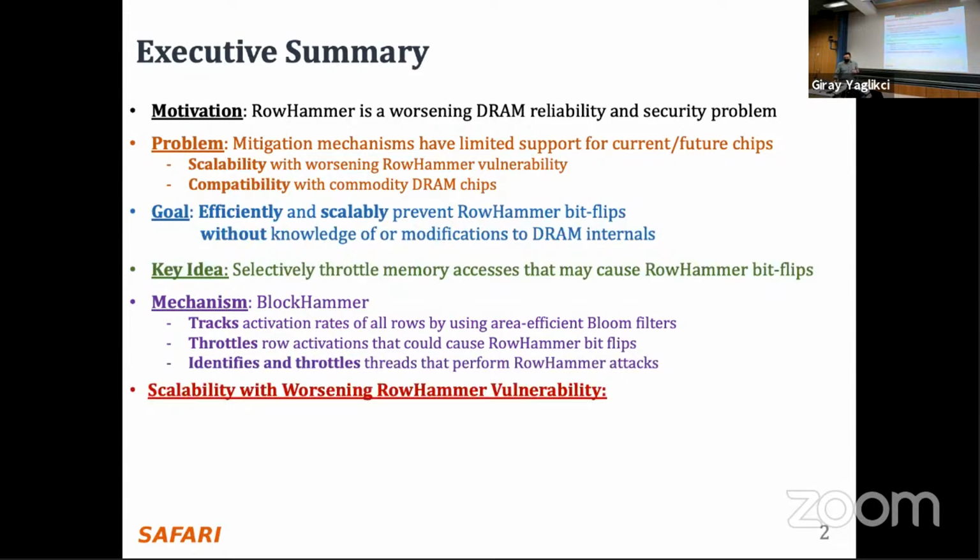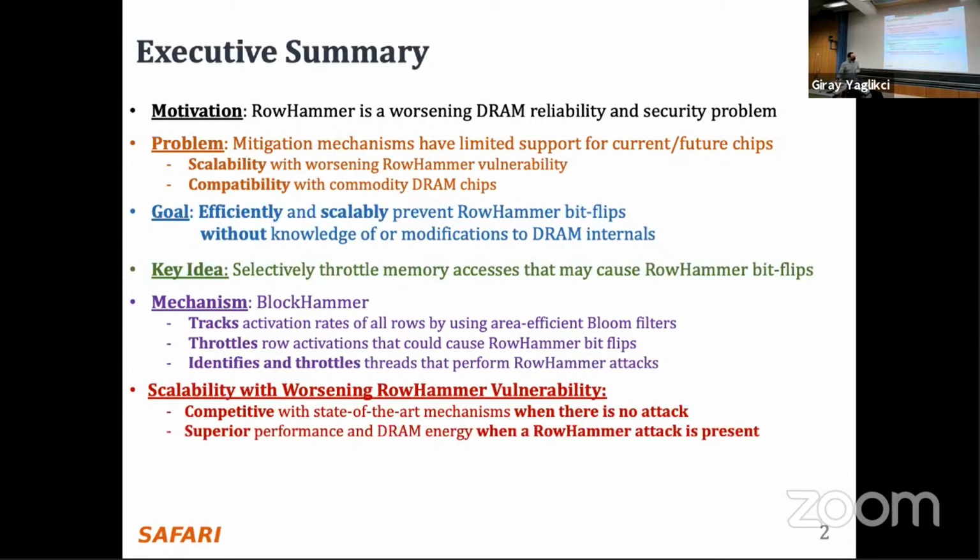And by doing so, BlockHammer provides a full defense against RowHammer attacks, and it is competitive with state-of-the-art RowHammer mitigation mechanisms when there is no attack, and it is superior in performance and DRAM energy consumption when a RowHammer attack is present.